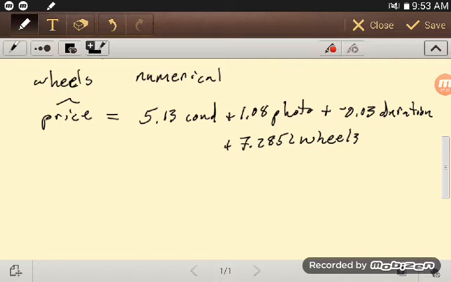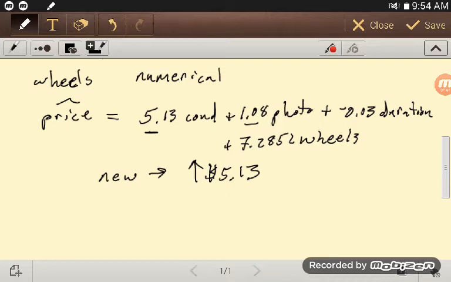All right, and so as we look at those different slopes, this says that new condition implies a jump, so I'm going to put an up arrow, of $5.13 on the average.